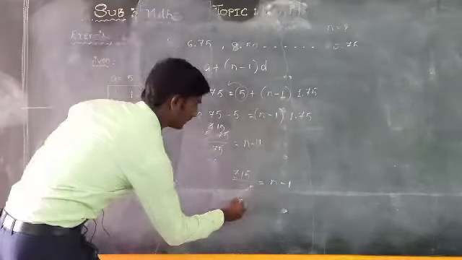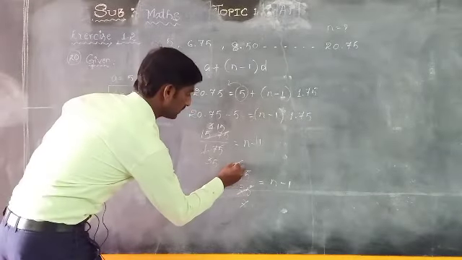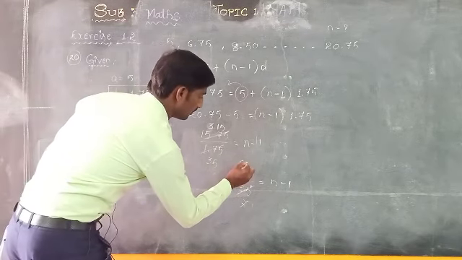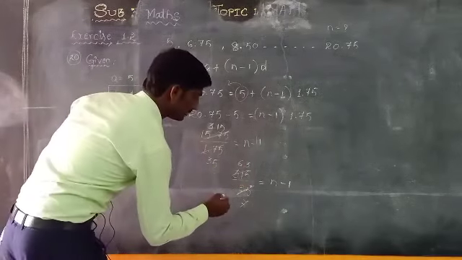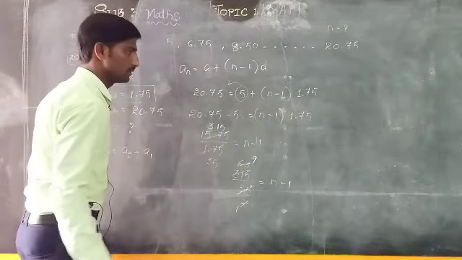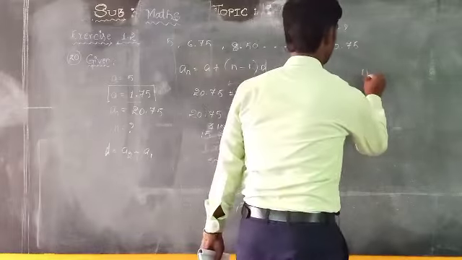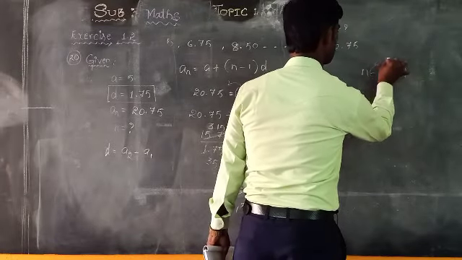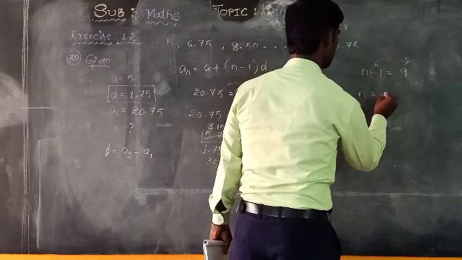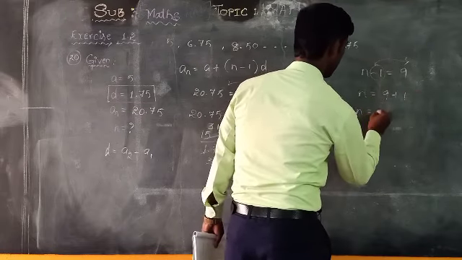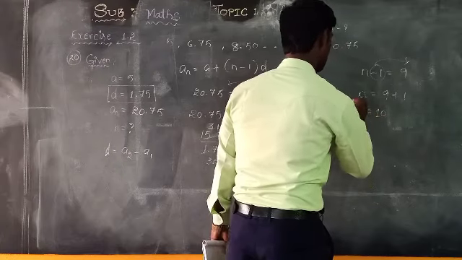Again with 5, 5 7s are 35, 5 6s are 30, 15 is there, 5 3s are 15. 7 1s are 7, 7 9s are 63. It is nothing but n minus 1 is equals to 9. Just minus 1 goes to that side. What will you get? n is equals to 9 plus 1, then n is equals to 10.